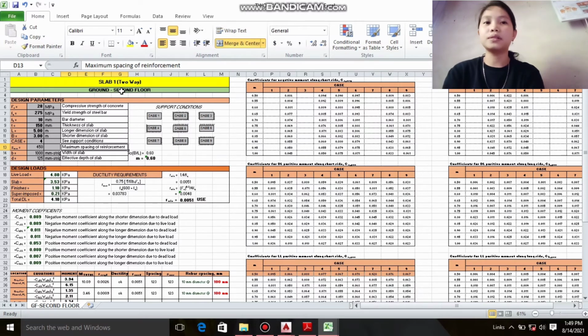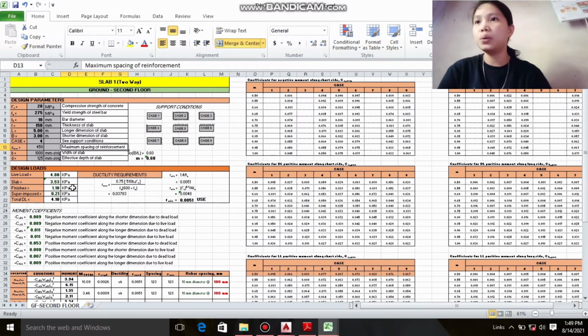The thickness of slab is 0.1 meter, and the longer dimension of slab is 5 meter, and the shorter dimension of slab is 3. The support condition is case 4.